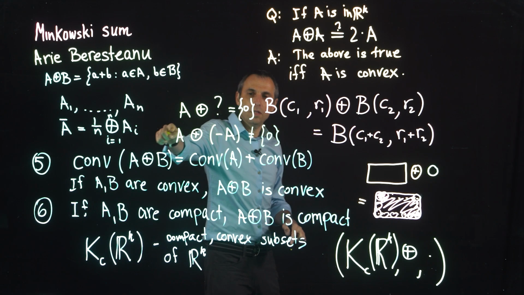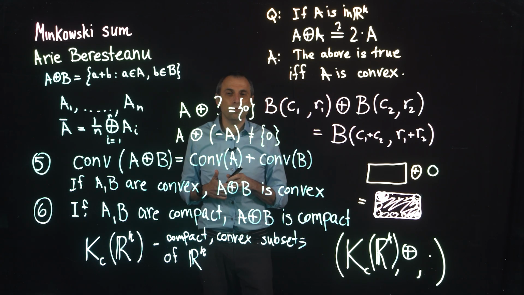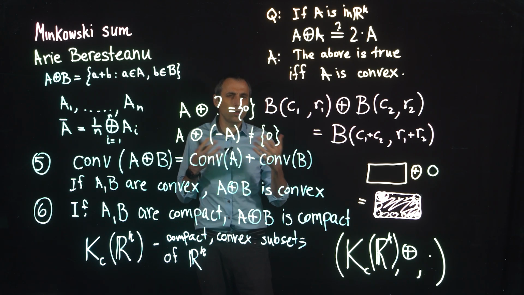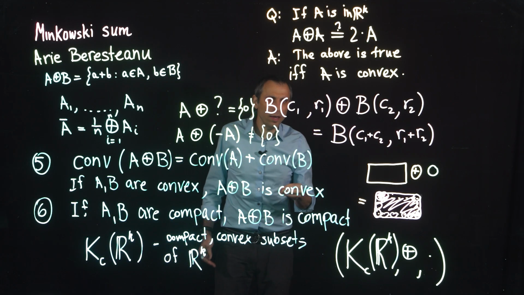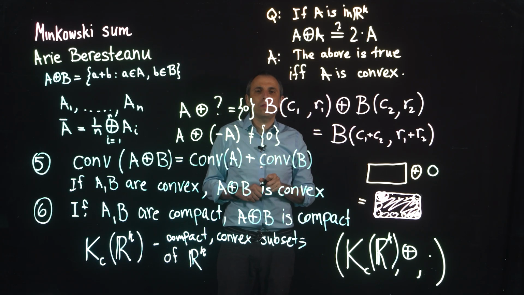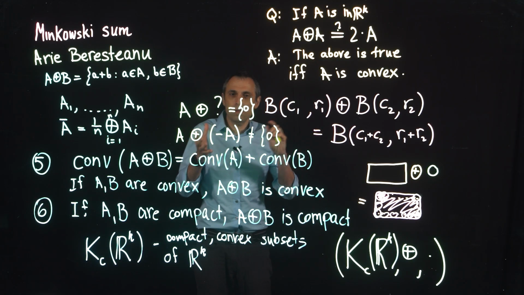But by and large, this is not true. Okay. So I will put at the bottom of the video a link to a paper that tried to address this question: how can I subtract something from A such that I will be left with 0? And the answer there is partial.